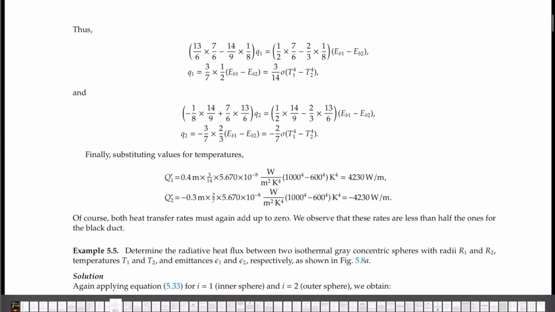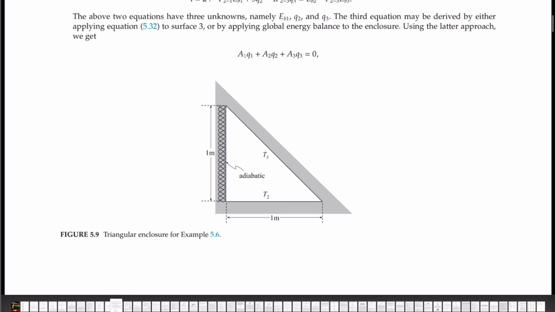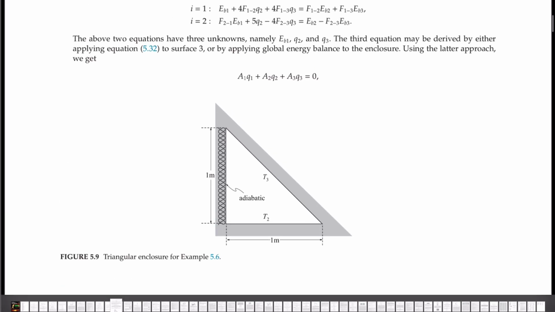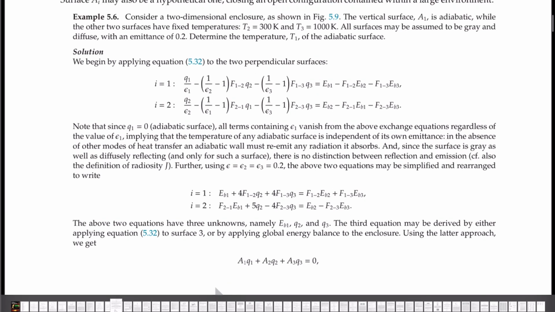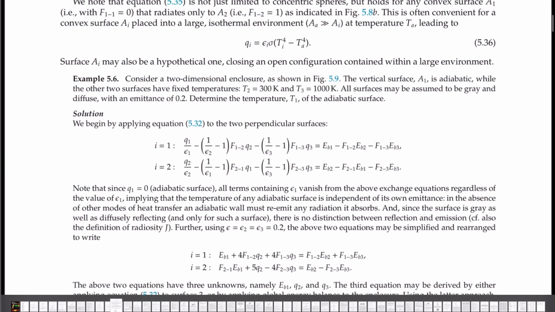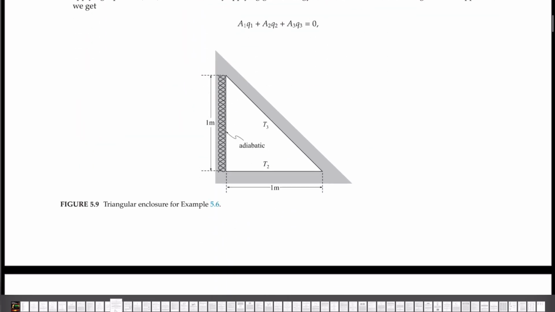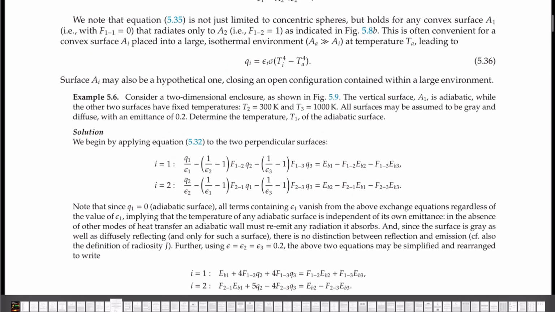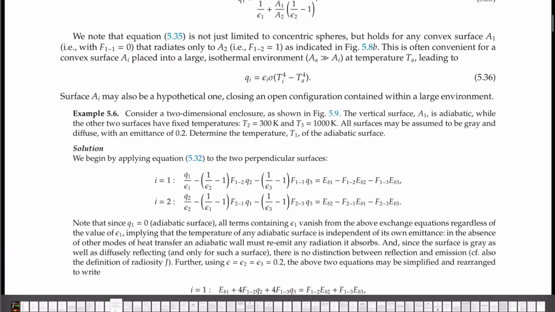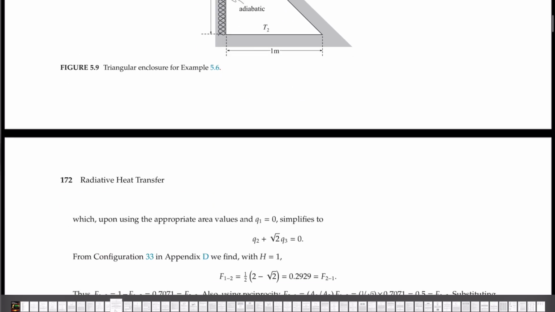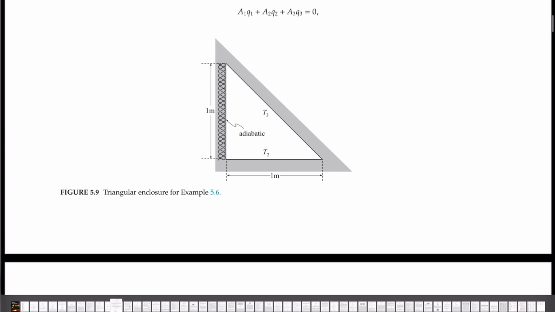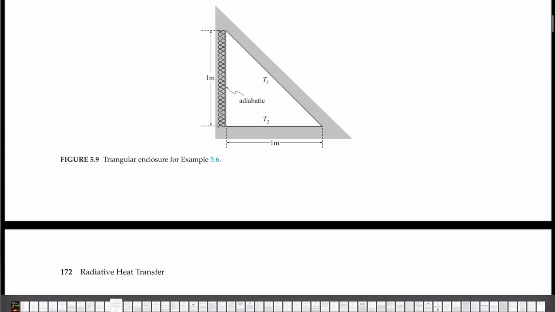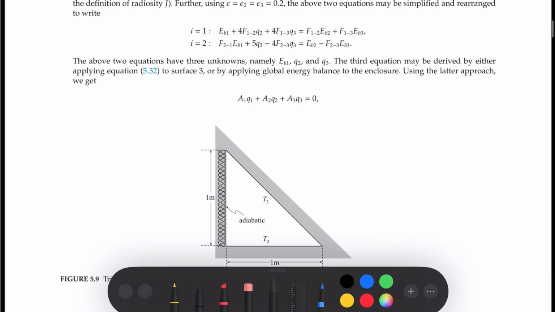So again let me take another one. Okay, this problem let me take. Consider a two-dimensional enclosure as shown in figure 5.9. Okay, this is figure 5.9. So we need to consider this one.